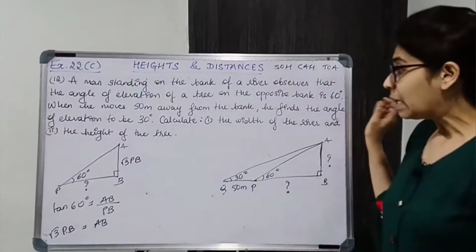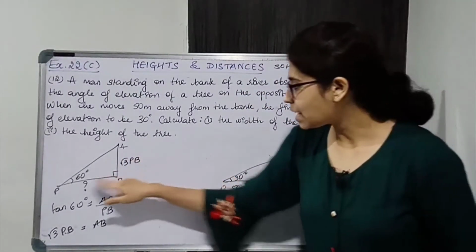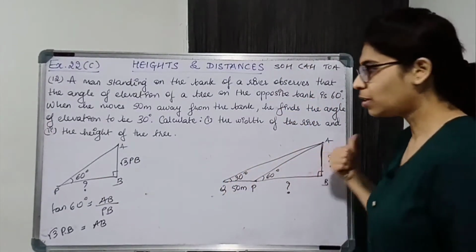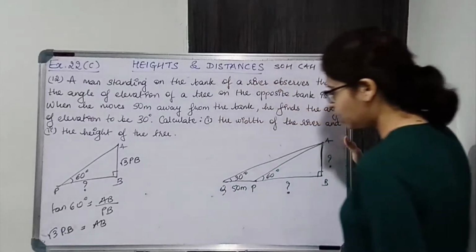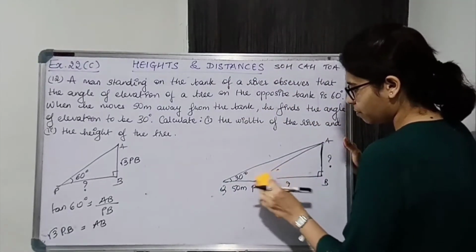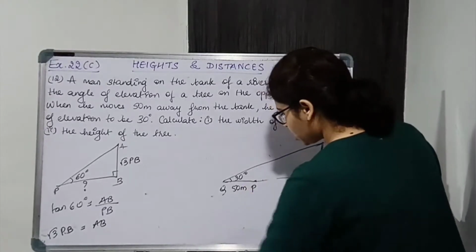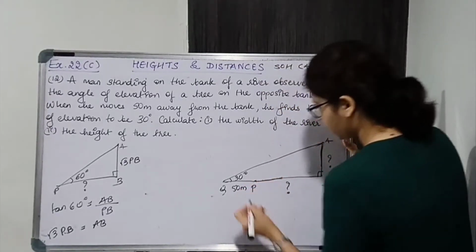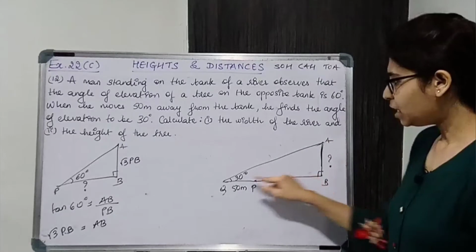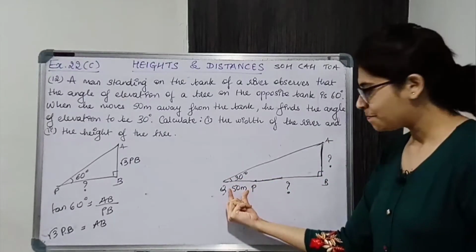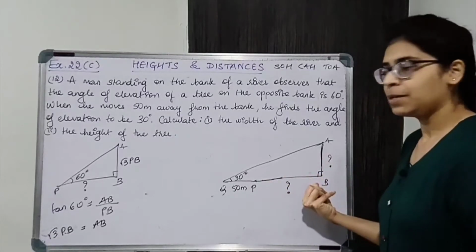Okay, now we will be using this AB and PB in the bigger triangle, that is ABQ. So let's consider ABQ now. In ABQ, I know just this much part, the angle. AB is not known, PB is also not known.